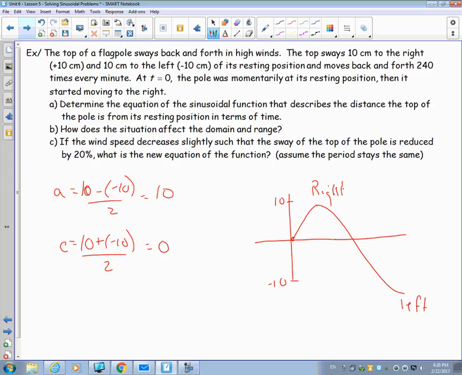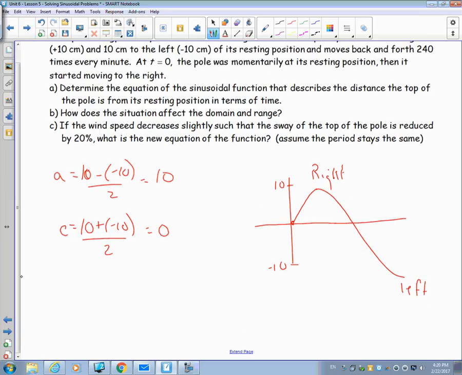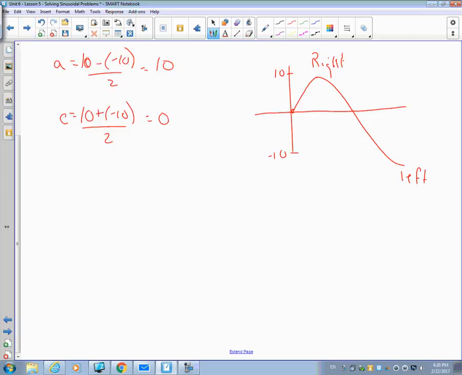It does this thing 240 times every minute. So, in other words, my K value, I need my period for. So I've got to figure out how long it takes to do one cycle. So I know 60 seconds in a minute.